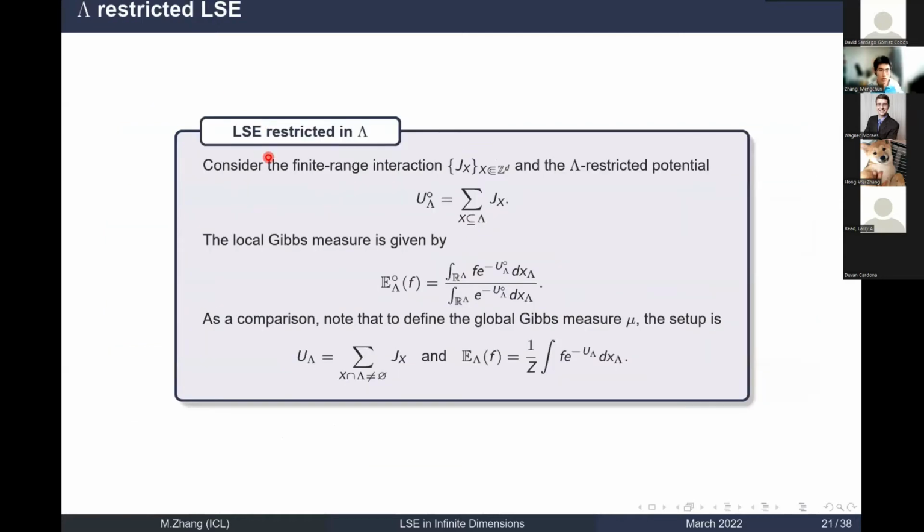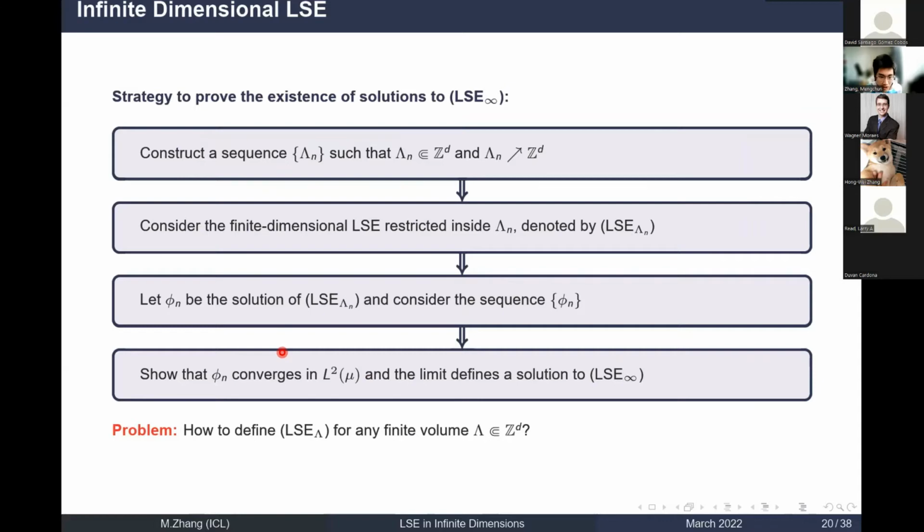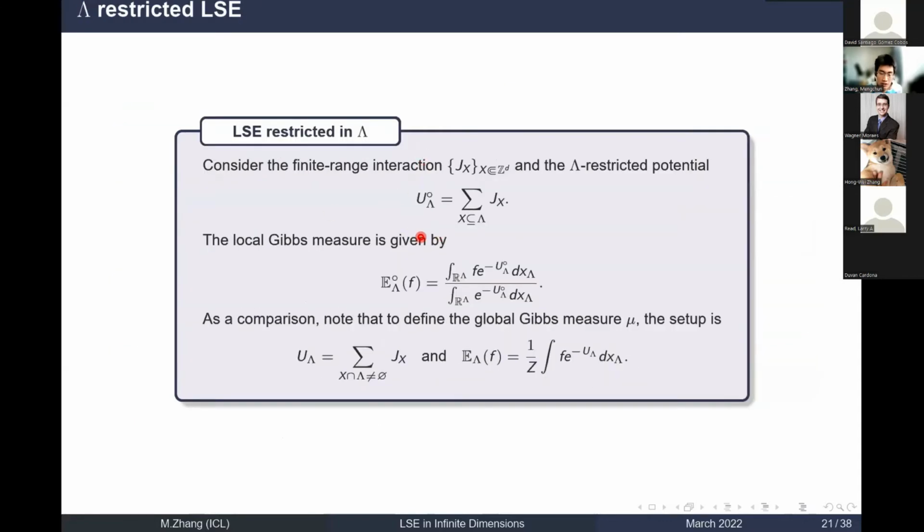To construct this LSE_Lambda, we consider a simplified setup where U_Lambda this time is defined by this summation, where X is strictly inside Lambda. Just for comparison, this one is the previous setup where you have non-empty intersection, but now we have the strictly inside setup. This means we won't have any boundary conditions outside Lambda, which is much simpler.